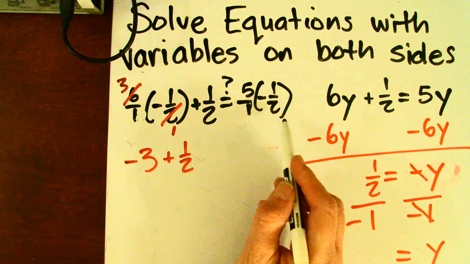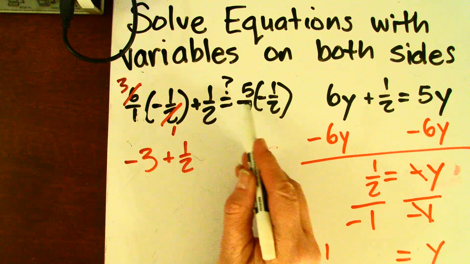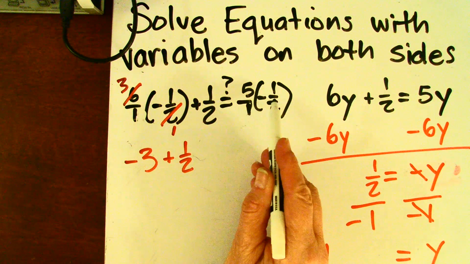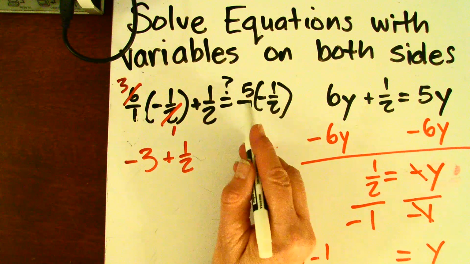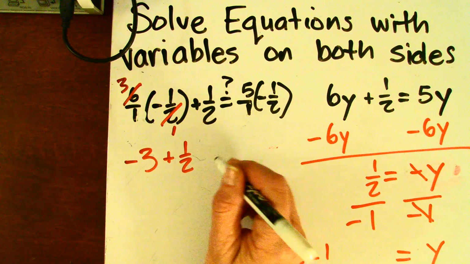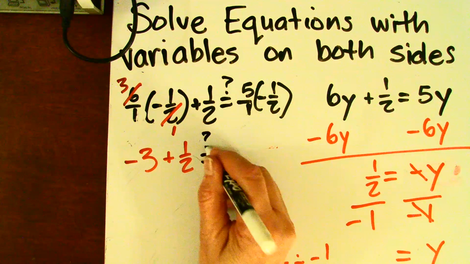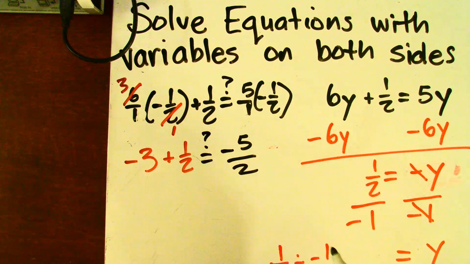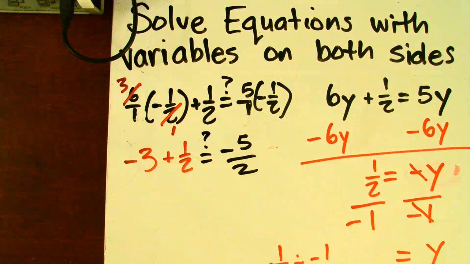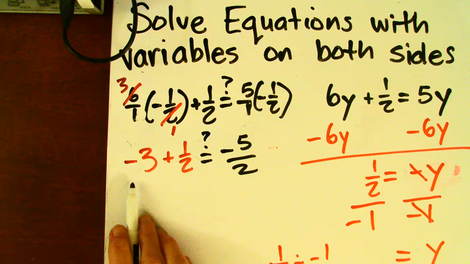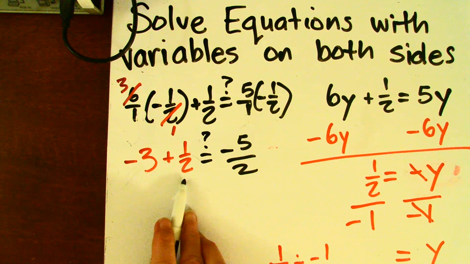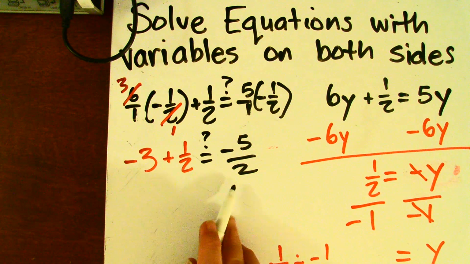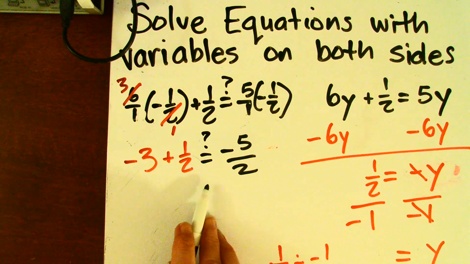I can't reduce, so I just need to multiply across. 5 times negative 1 is negative 5 halves. 1 times 2 is 2. Okay, so it looks like I have negative 3 plus 1/2. And is that equal to negative 5 halves?